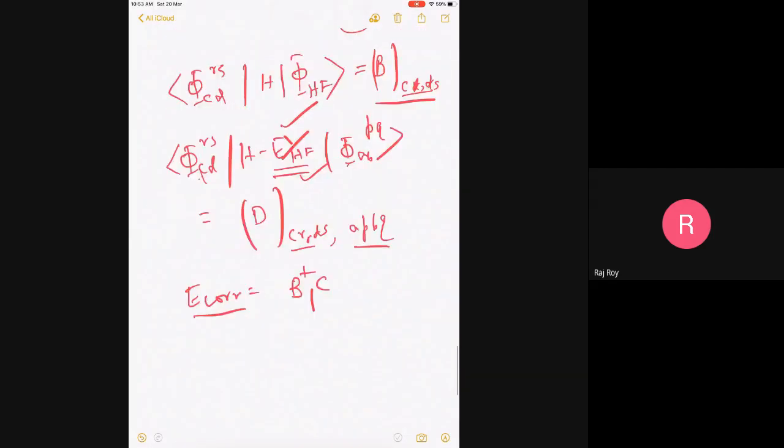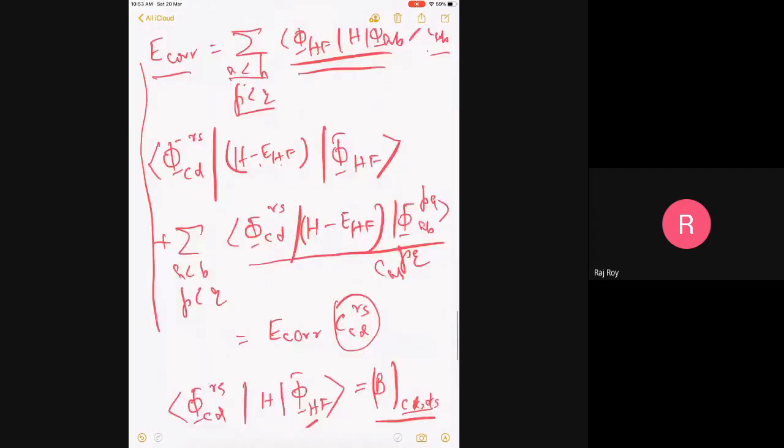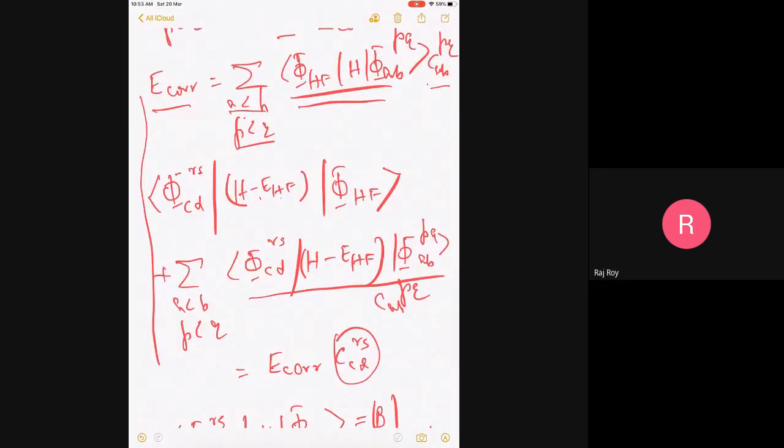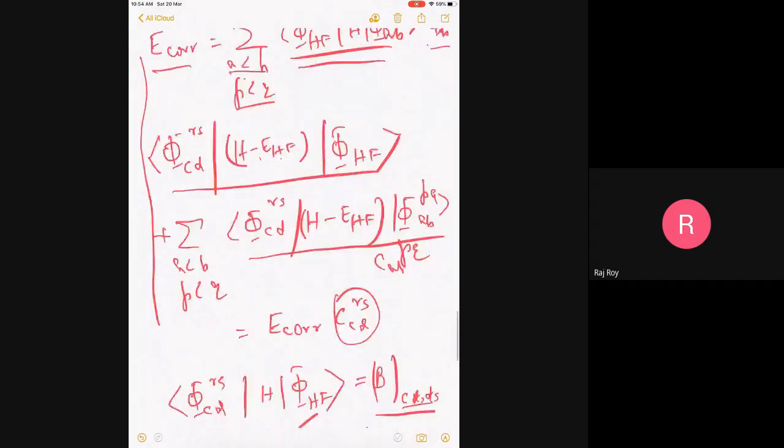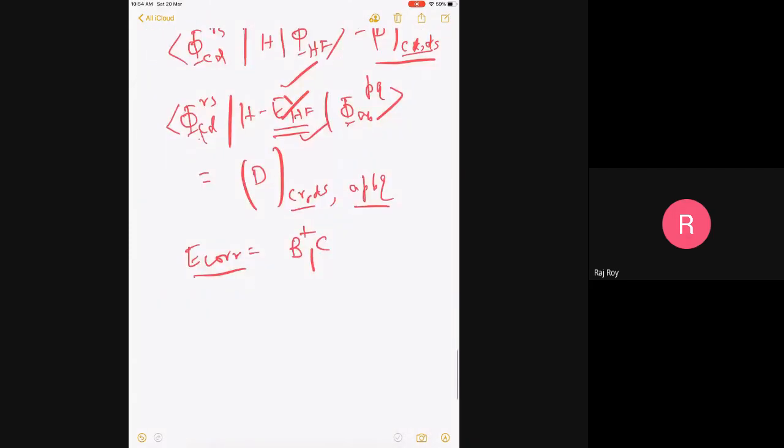Then the second equation, which is again B. I've already said this is B, no problem. This is my D, this is again my C. And here is E correlation C. So you can write this equation as B column plus D, a square matrix, times a column C equal to E correlation C. I hope you can see this very easily.